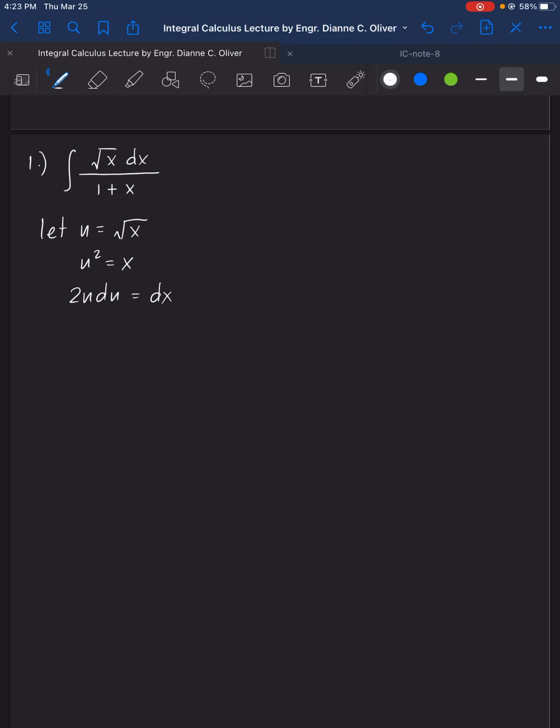Then we substitute those values in terms of u. The square root of x is equal to u, so it becomes u. The dx becomes 2u du.